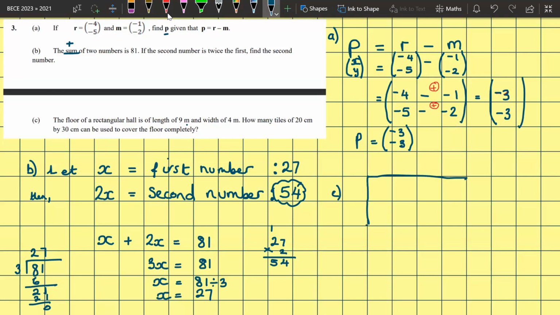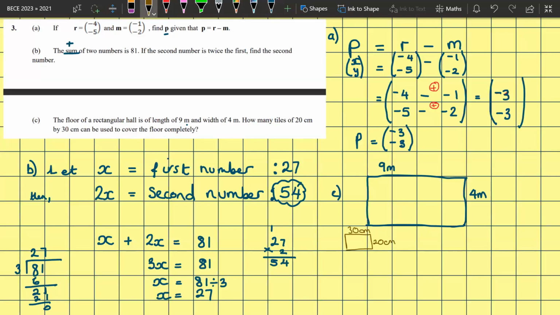This is my rectangle, which represents the floor of the hall. Now the length is 9 meters, I've been told, and the width 4 meters. I've also been told that there are smaller tiles. Okay, so this is a tile. I'll draw it right here at the bottom. Now the dimensions are 30 centimeters by 20 centimeters.